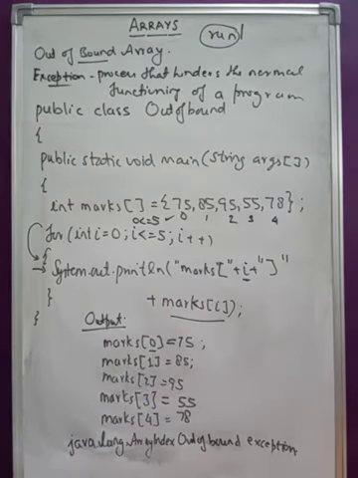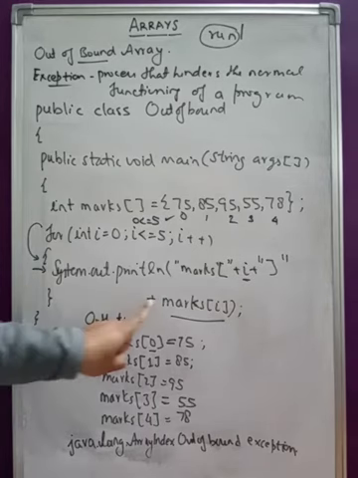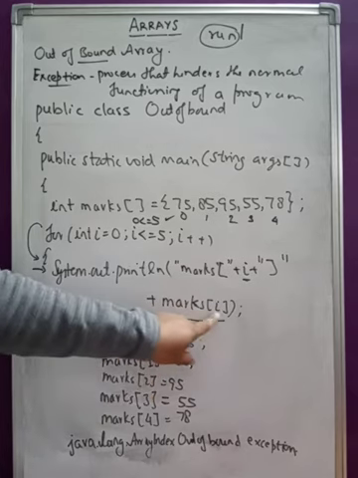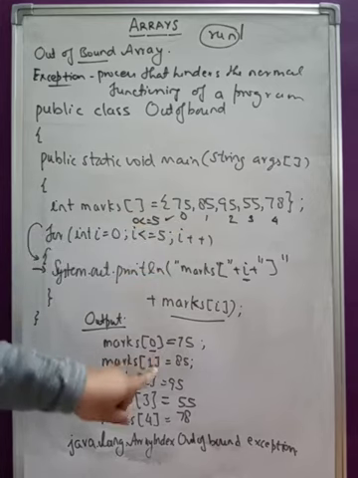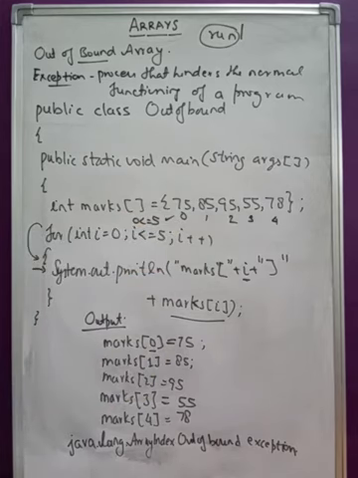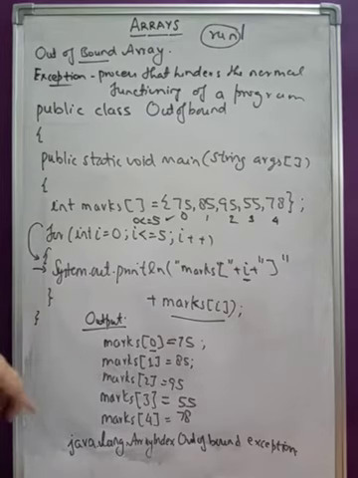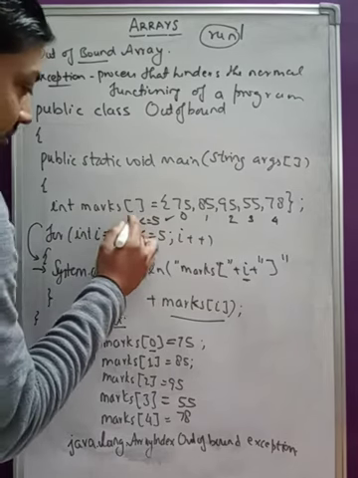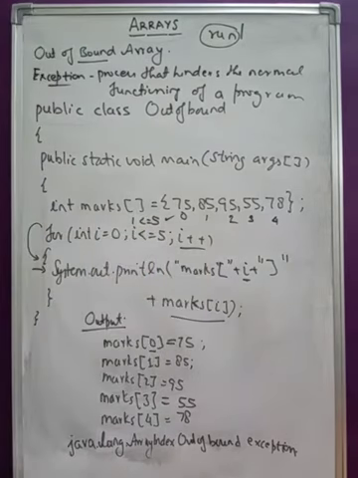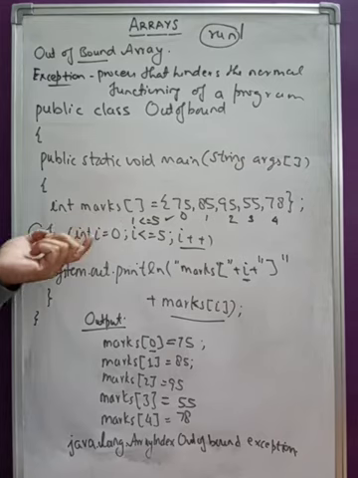So in this case, whatever value is on the 0th index will be printed. The value on the 0th index is 75, so we have printed 75. In a similar way, the second time the loop runs, the value of i is increased to 1 because of the increment operator.